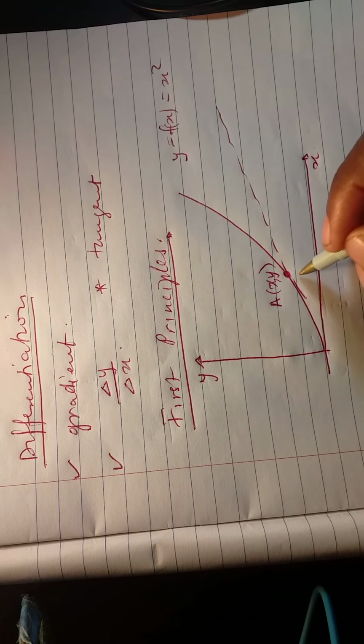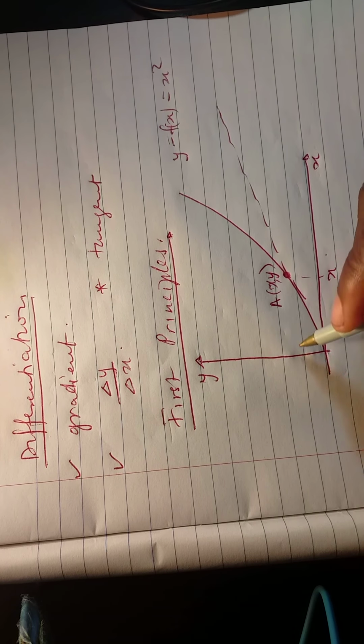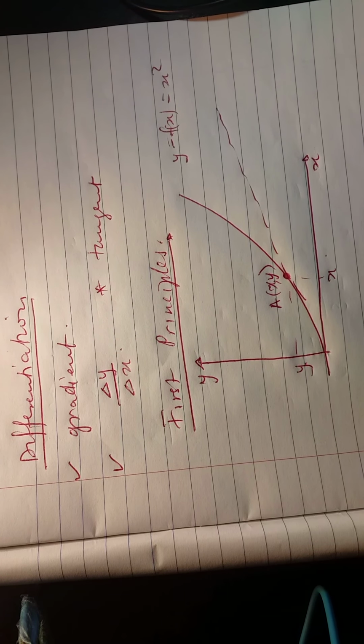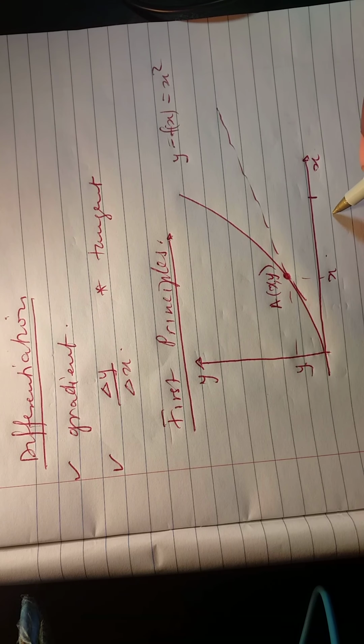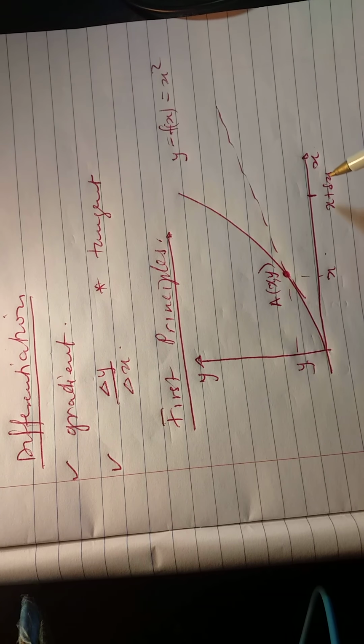All right, so this point here is xy. Suppose I increase this point by a small increase that I'm going to be calling delta x, so that this point here is x plus delta x.